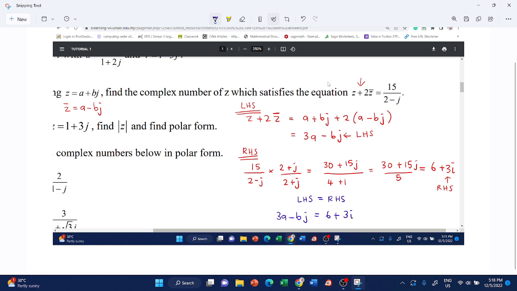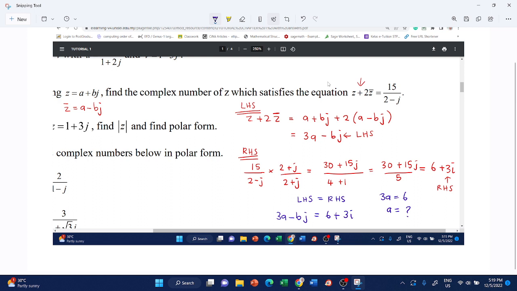Okay, so you compare real dengan real. So real kita apa? Real left hand side compare with real right hand side. Real is 3a and 6. Okay, so you can solve for A, right? Yes. Okay, how about B?